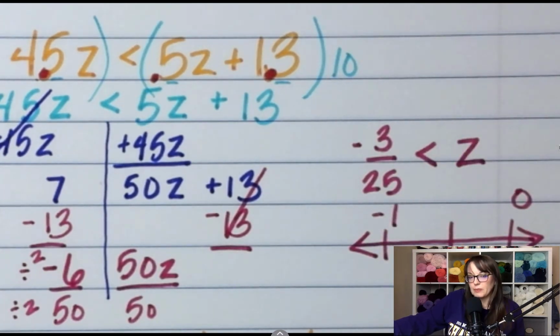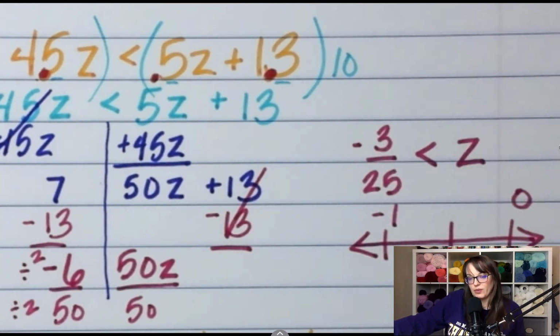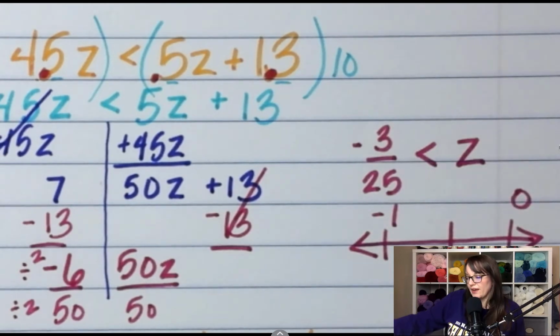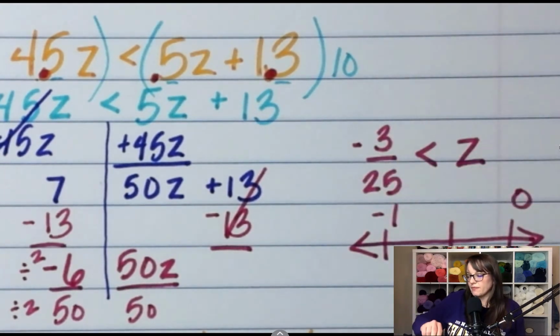Let's be real simple here. Which one of these numbers is greater than negative 3 over 25? 0 is greater than negative 3 over 25. I'm tight on space, but I know I'm going to shade towards the 0.